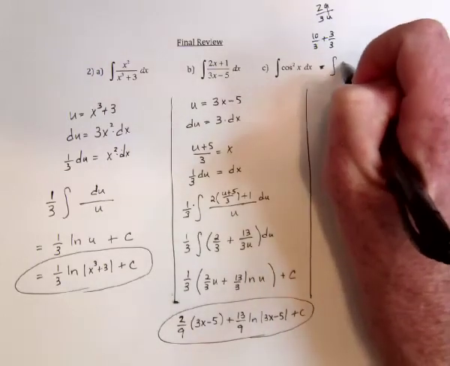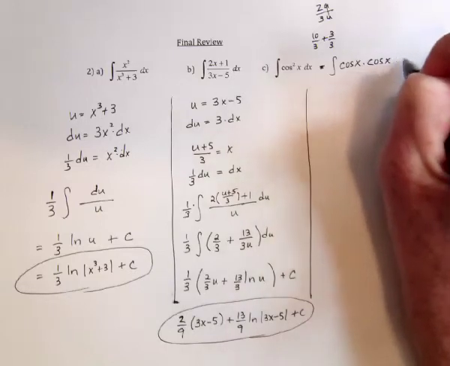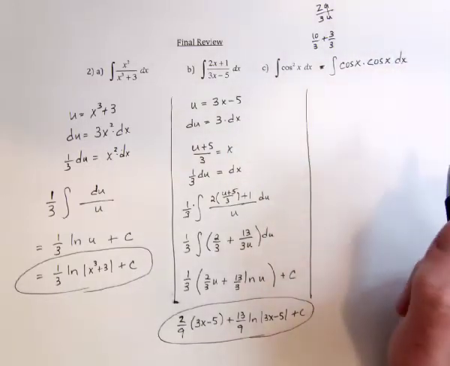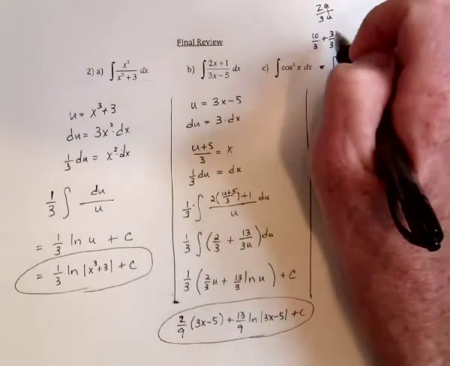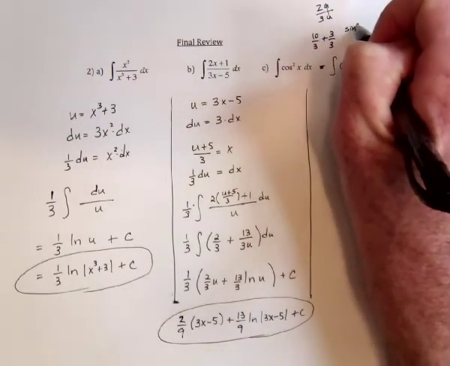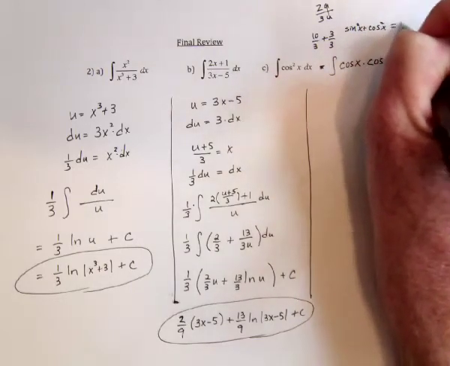rewrite this one as cosine of x times cosine of x, and replace one of the cosines with something that has sine in it, and use the other one for the u. So we have the identity that sine squared plus cosine squared is equal to 1.